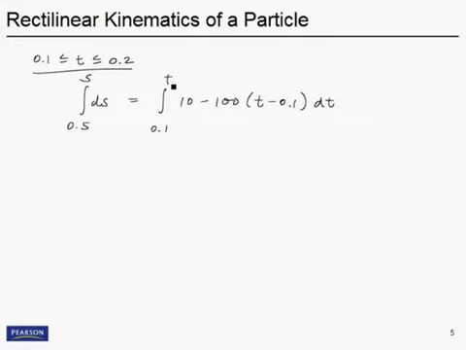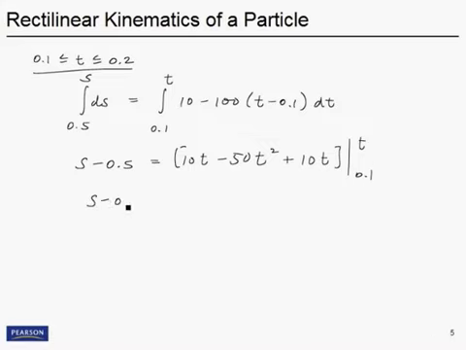On the left-hand side, we get s minus 0.5. On the right-hand side, it turns out to be 10t minus 50t squared plus 10t. That's all going to be evaluated from t down to 0.1. And so when we do this, we get s minus 0.5 equals 20t minus 50t squared.